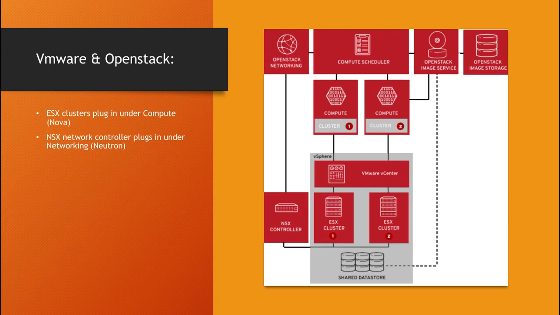In this diagram you can see the compute scheduler connected to two different computes in the cluster, and in the backend they are connected to your VMware vCenter, and eventually your ESX cluster nodes are connected to that vCenter. The network part is connected via the NSX controller and interpreted via the OpenStack networking component, and your image service and image storage are connected to the shared datastore inside your VMware setup.